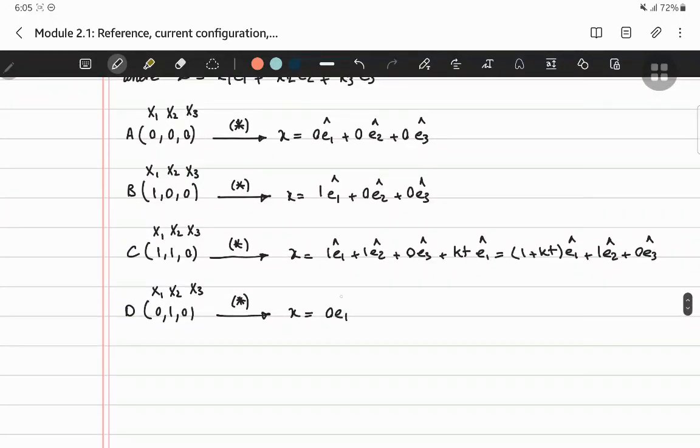So 0 E1 plus 1 plus kt E2 plus 0 E3. So as you see, assuming k is larger than 0, we see that this point is also changing, also moving in the right direction, but its x coordinate does not change.